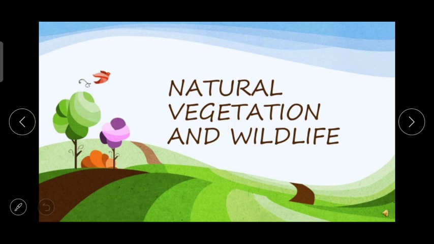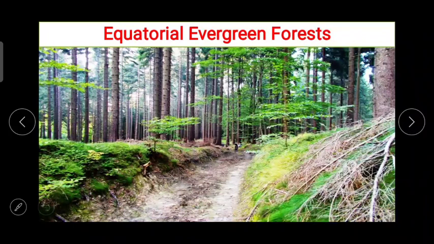So if you consider the region from the equator to the poles as per the temperature zones, then we find the following types of natural vegetation, and about that we'll talk in detail in the second part of this topic.